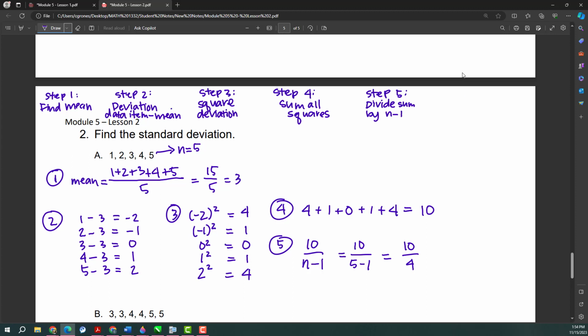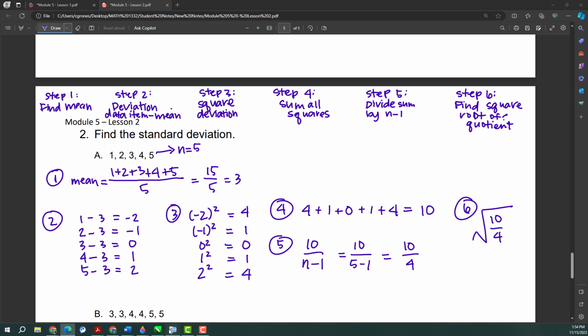I'm not going to do that step until we get through step 6. Step 6 is to find the square root of our quotient. So we would take the square root of 10 divided by 4.